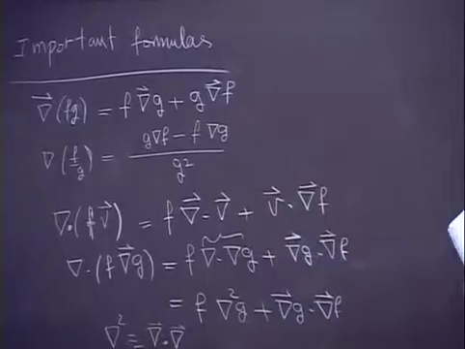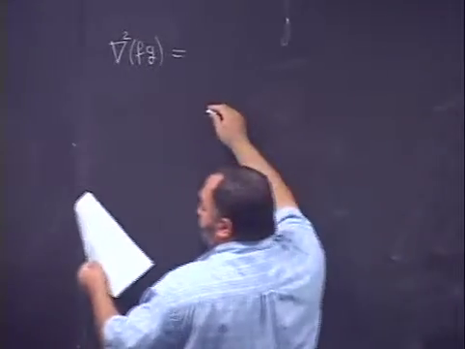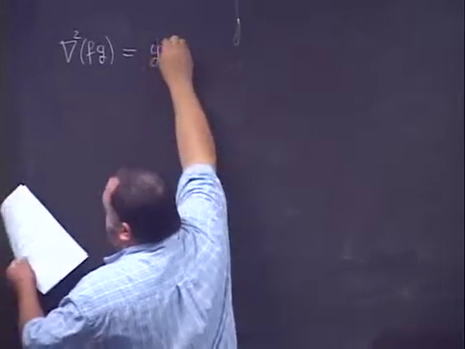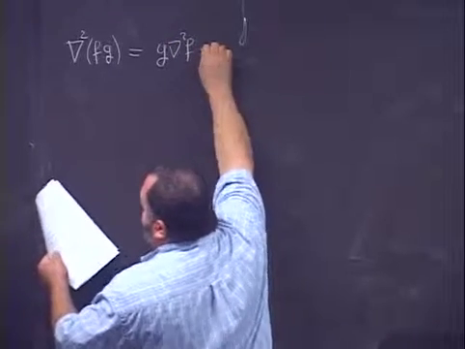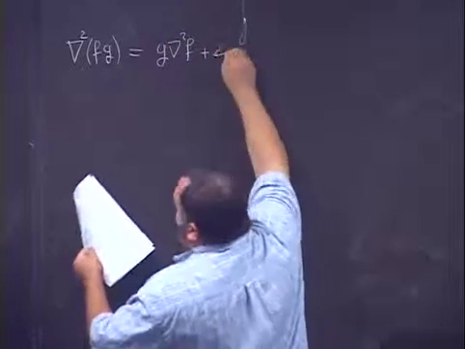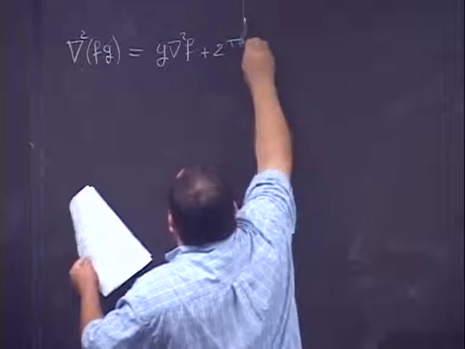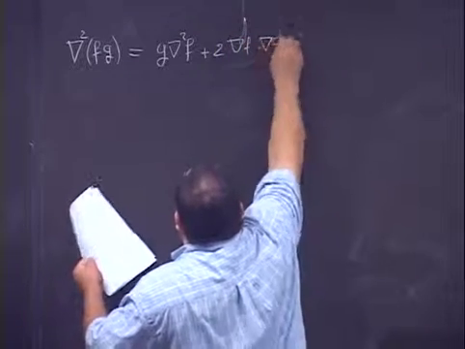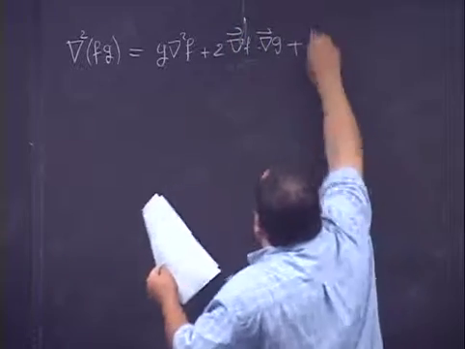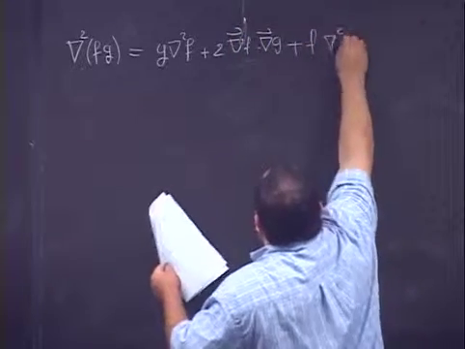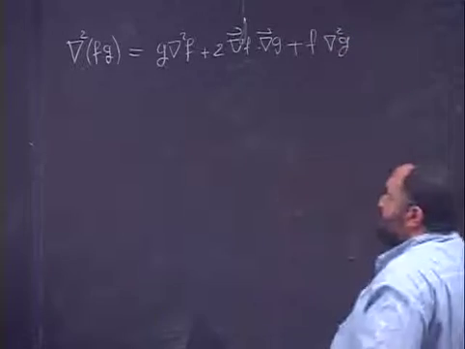So here it will be what? It will be g nabla square f, plus 2 times the gradient of f, multiplied by gradient of g, plus f nabla square g.